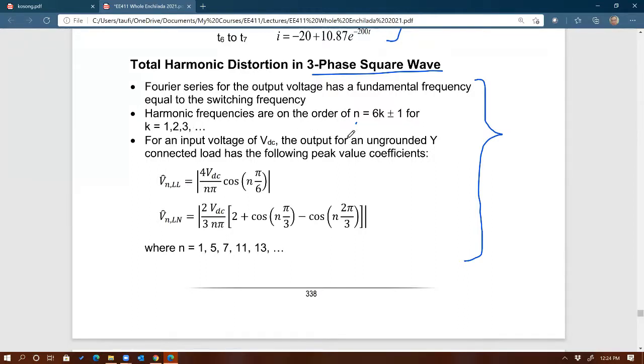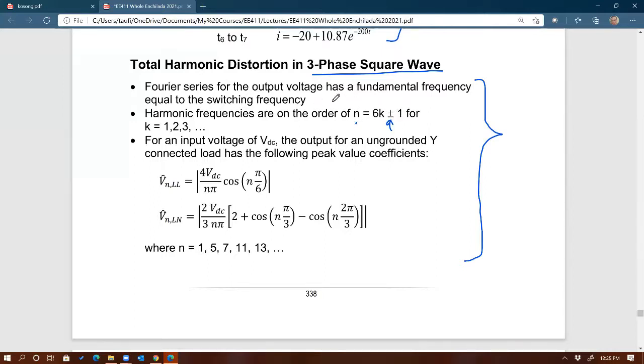So that's the location of the harmonic frequencies. If, let's say, k is equal to 1, then the first harmonic frequency of the voltage, for example, is going to be 6 times 1 minus 1. With the minus sign, that's 5. So this is beyond the fundamental component, this equation.